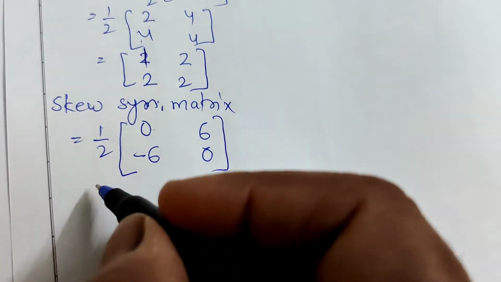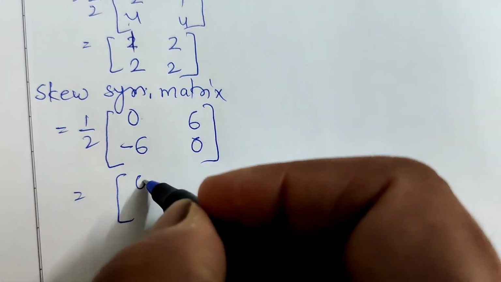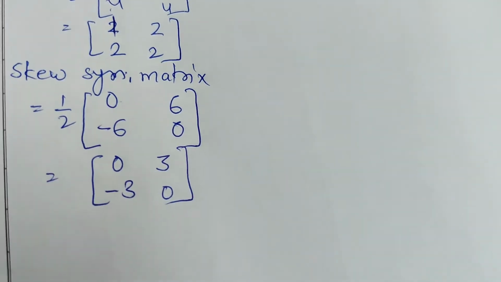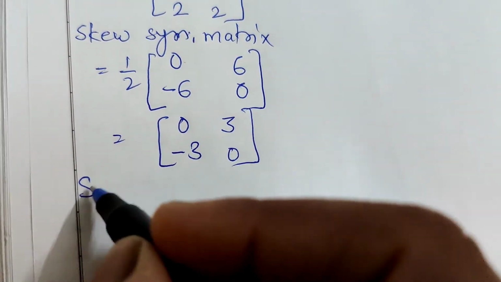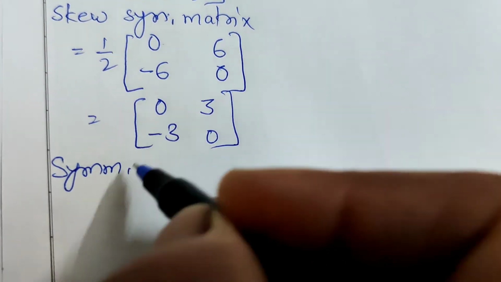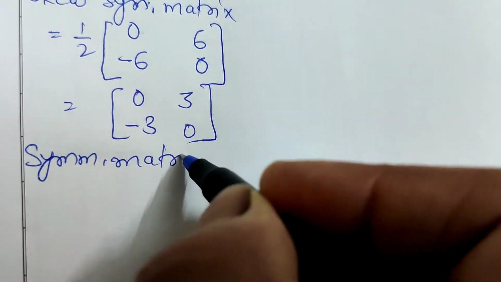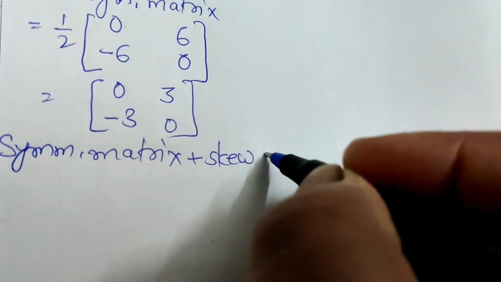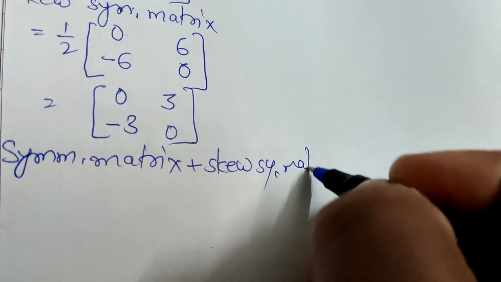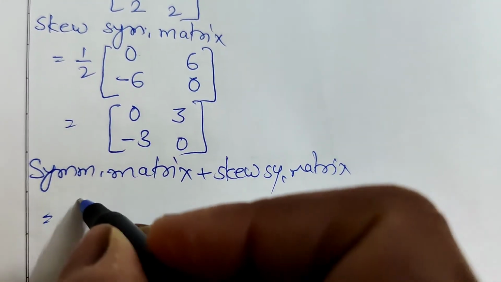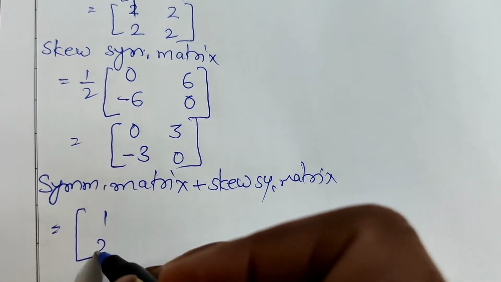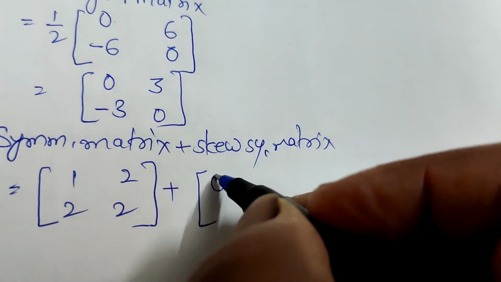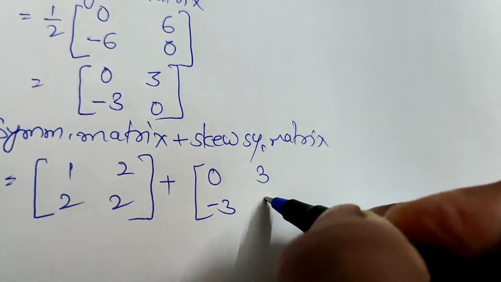And divided by 2 is 0, minus 3, 3, 0. Now add both: symmetric plus skew symmetric. Symmetric is 1, 2, 2, 2 and skew symmetric is 0, minus 3, 3, 0.